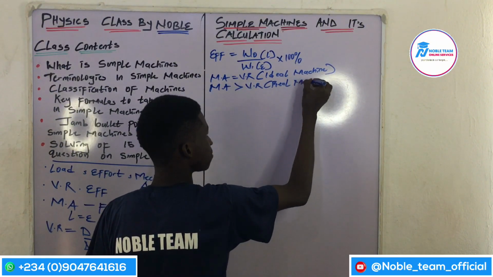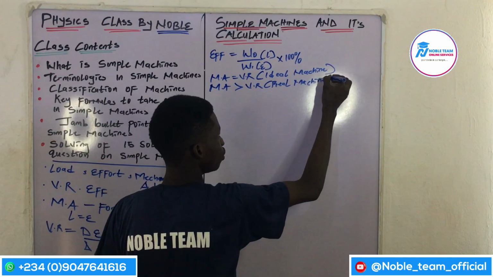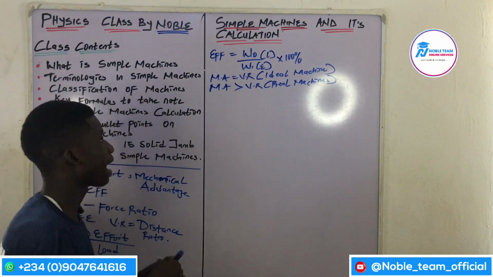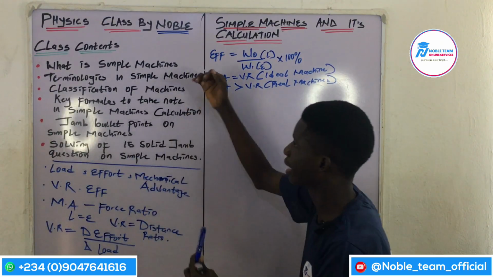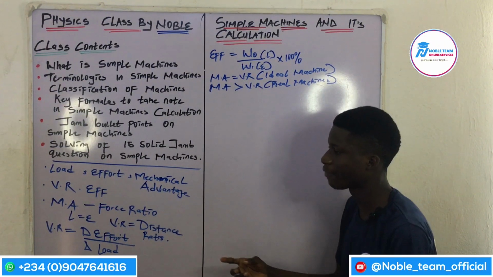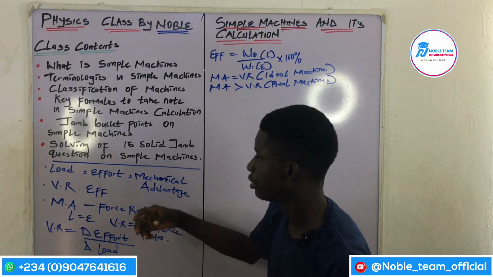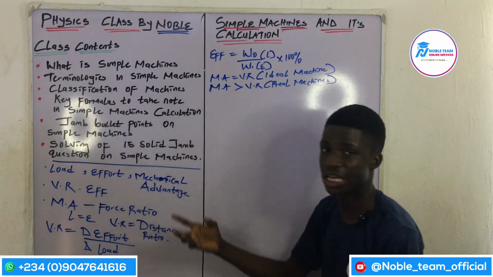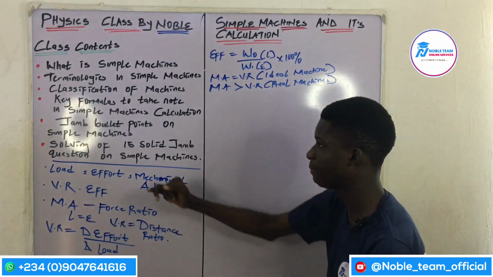Take note of this point. Very, very important. So we are done explaining the terminologies in simple machines, which are the load, the effort, the mechanical advantage, the velocity ratio, and the efficiency. I have explained all these things now.